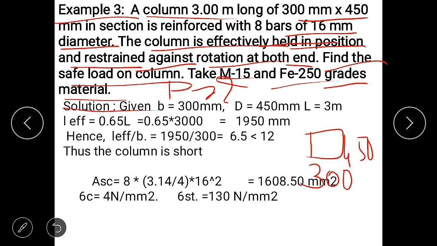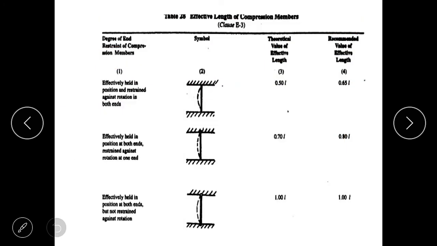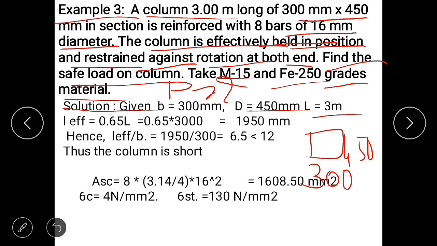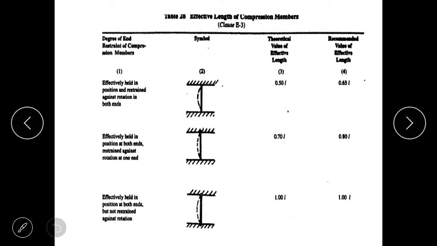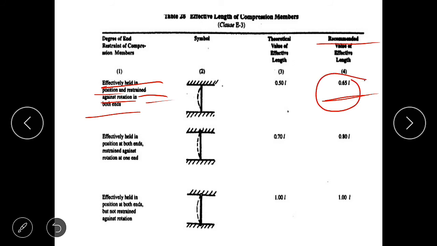Width is 300 and depth is 450. L is 3 meter. Now here one condition is given: the column is effectively held in position and restrained against rotation at both ends. So the recommended value is 0.65 L. The diagram is like this.